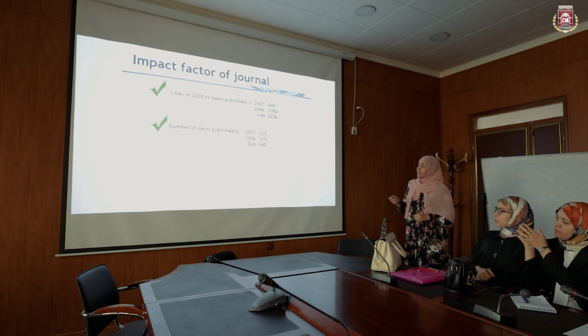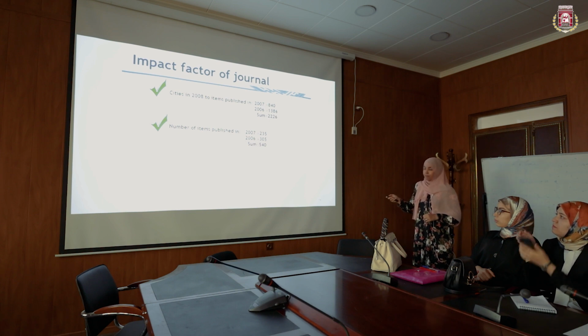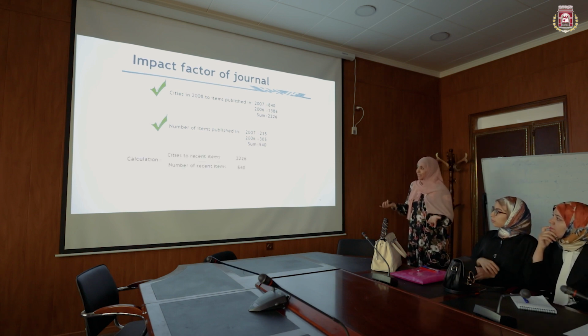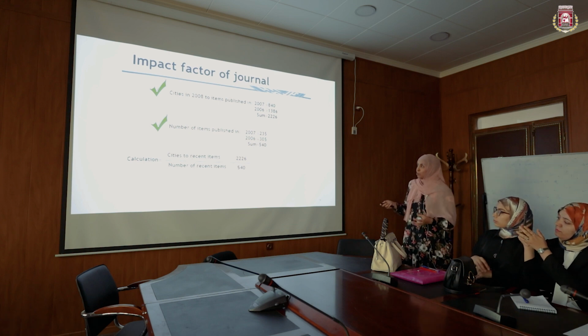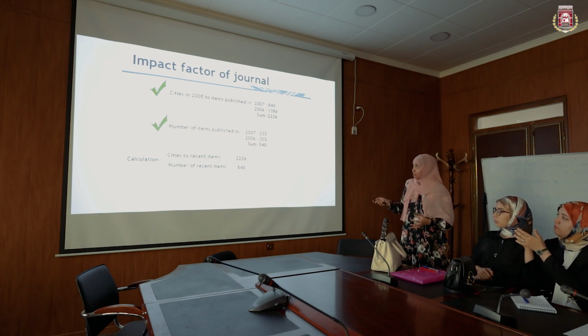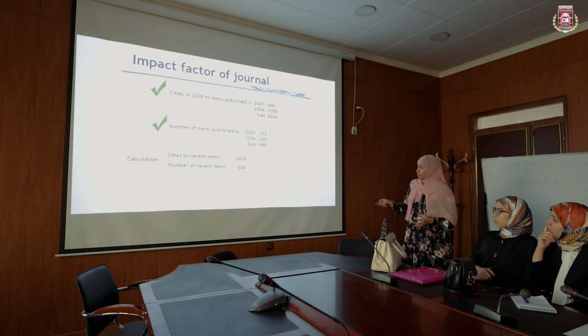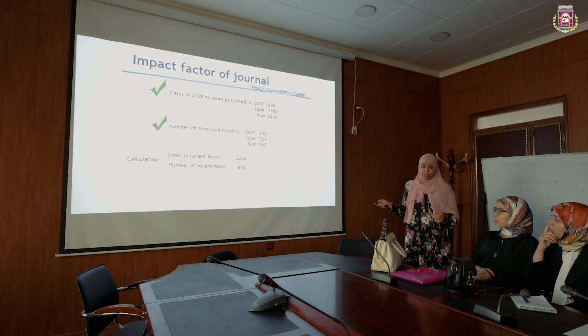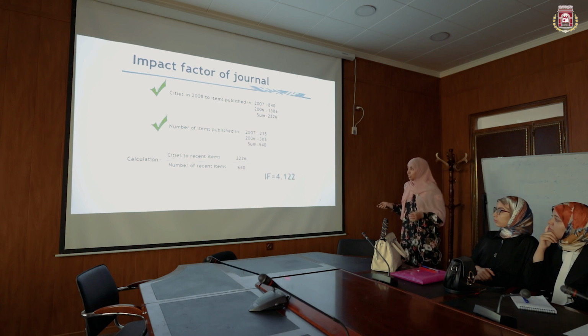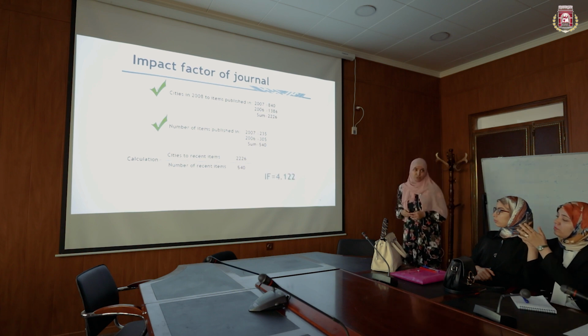Also the number of items published in the 2 years, and we have this sum. So the impact factor is calculated as a ratio between the citations to recent items, this number, divided by the number of recent items, this number. The value that we find is the impact factor of the journal.